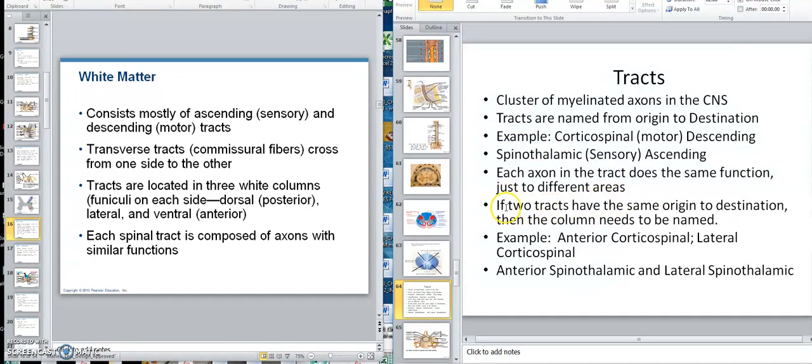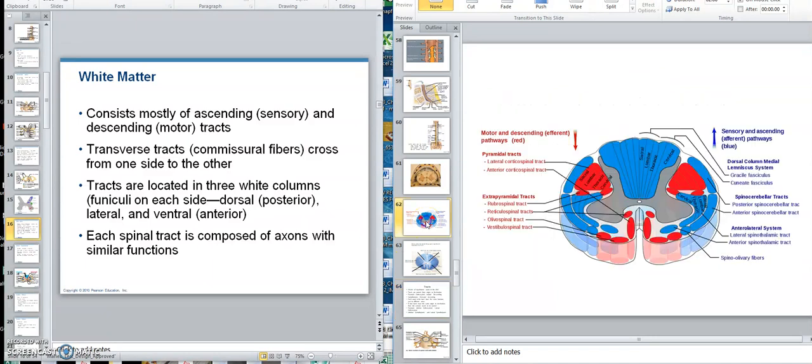Now, if 2 tracts have the same origin and destination but are doing different things, then the column needs to be named. For example, the anterior corticospinal. So we have a lateral corticospinal and an anterior. See, both are going from the cortex to the spine.